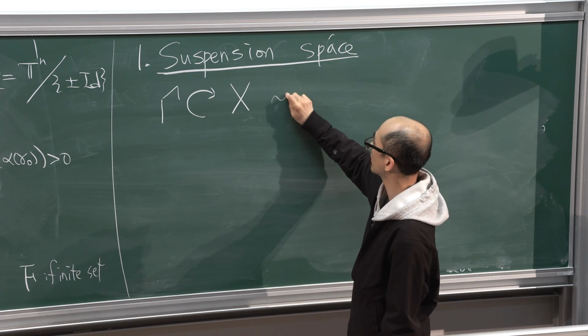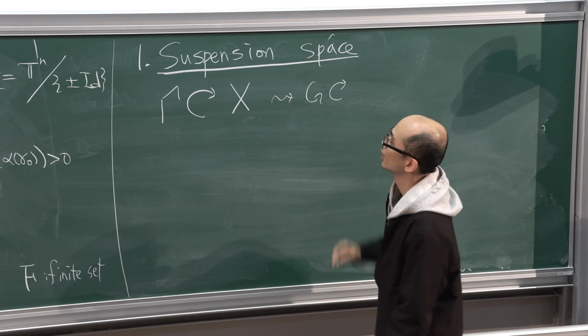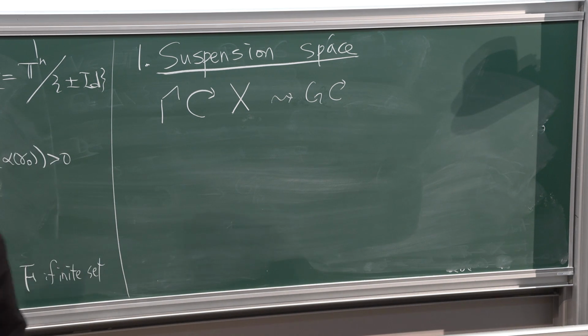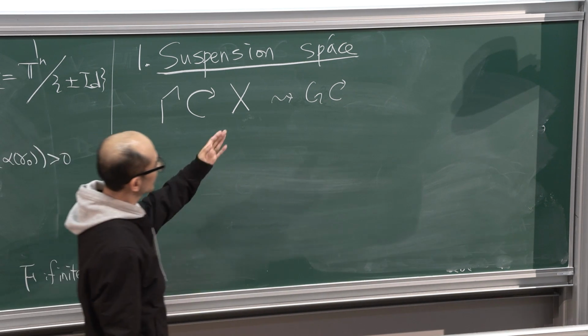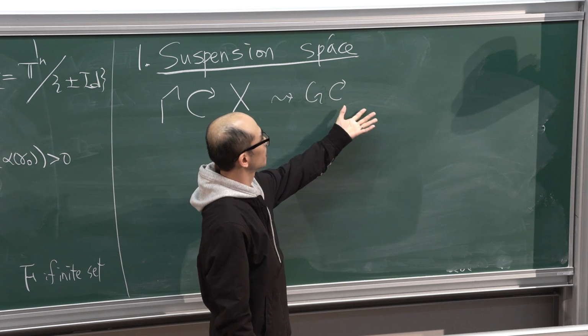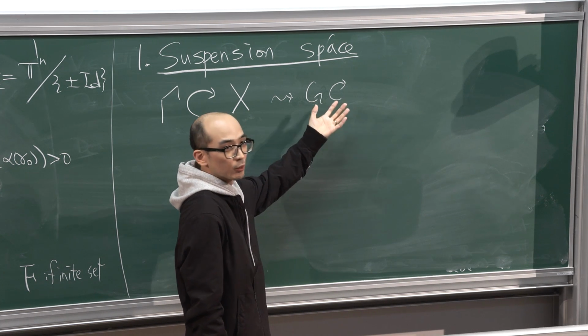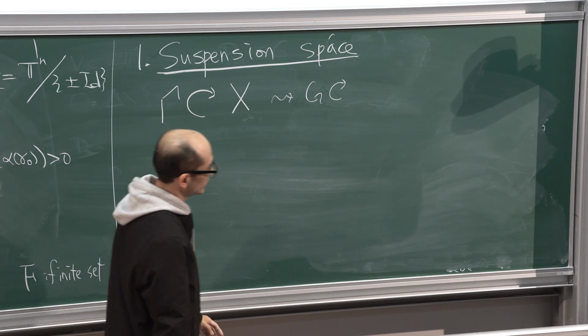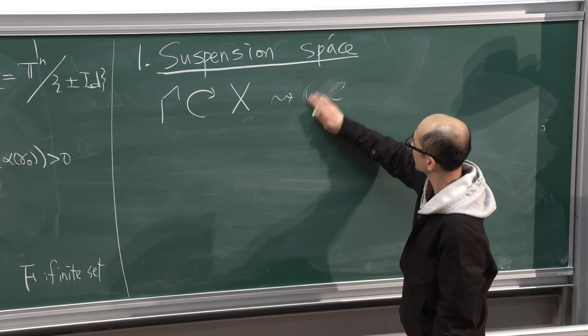So I want to think about the G action from here. Of course, I could cook up any kind of G action on some random space, but that's not what we want. We want to keep some information about the Gamma action on the space. So what I want to do is the following.